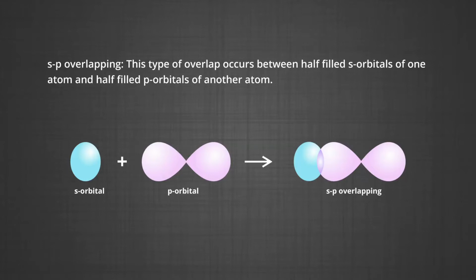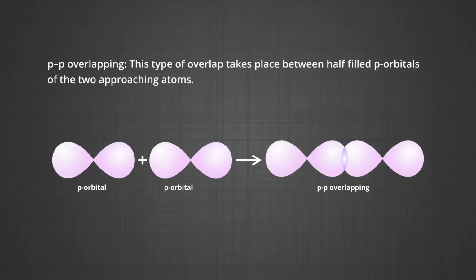Again, you can see in the figure the overlap of the s orbital, which is spherically symmetrical, and p orbitals, which are dumbbell shaped. This is s-p overlapping. Now, p-p overlapping. This type of overlap takes place between half-filled p orbitals of the two approaching atoms.